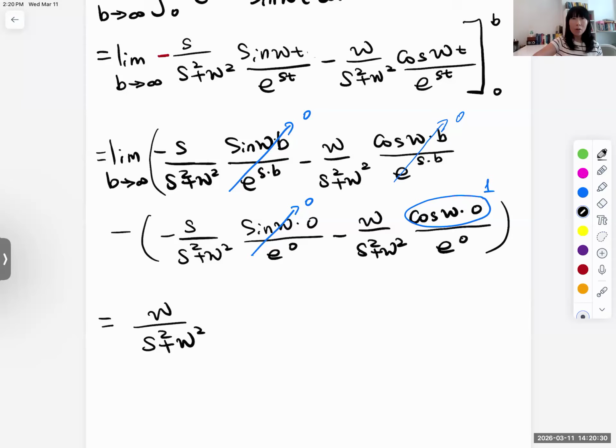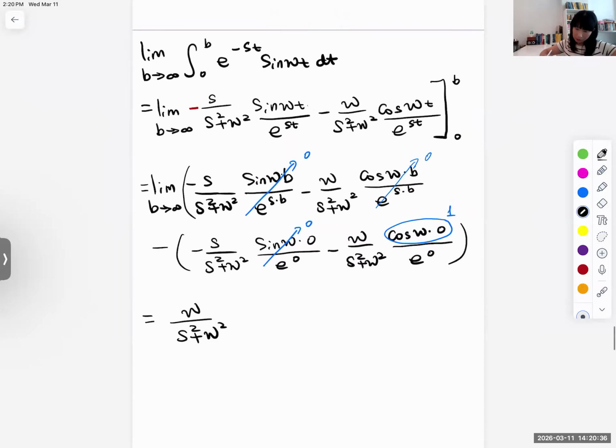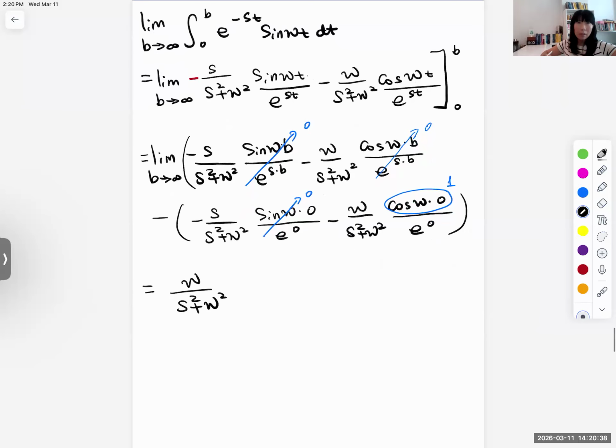Make sense? Okay, now we conclude that, right? Because there are so many integration steps, we can say that first.